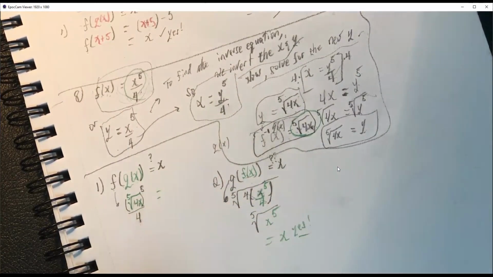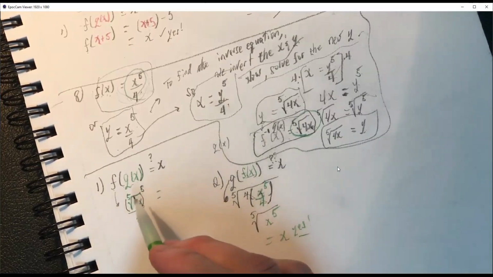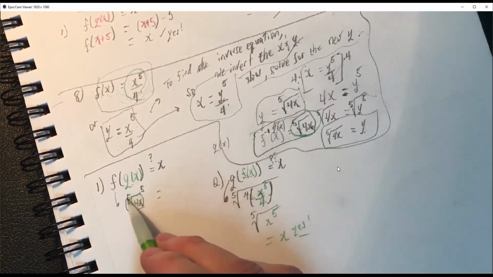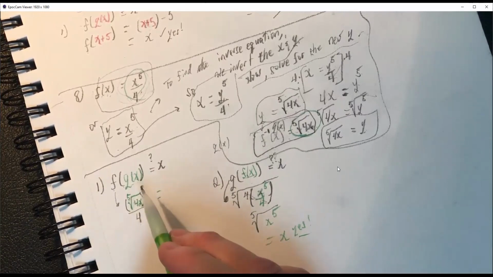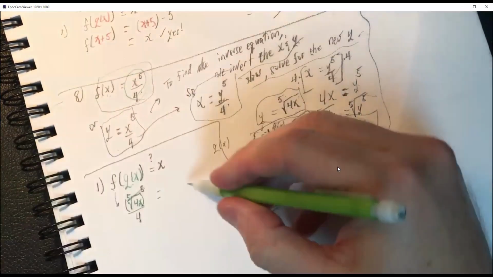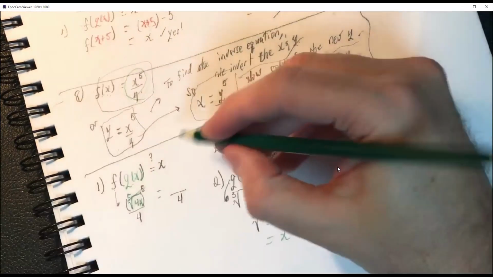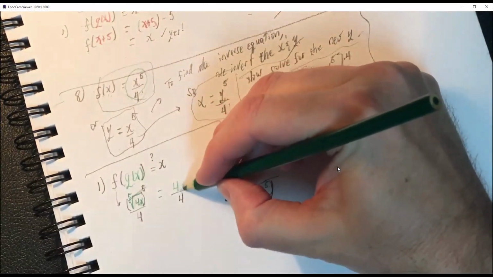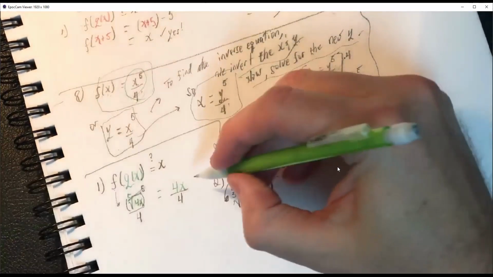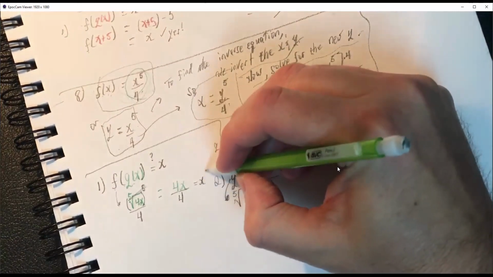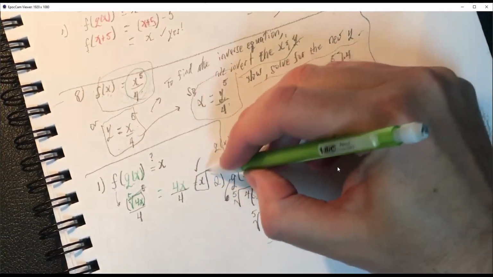So you can't get rid of the division by 4 first, but you can get rid of all of this 4x, which is inside the fifth root, and all of this fifth root is inside the power of 5. So these compose out first. And what's left now? 4x over 4, which equals x. So that's another yes.